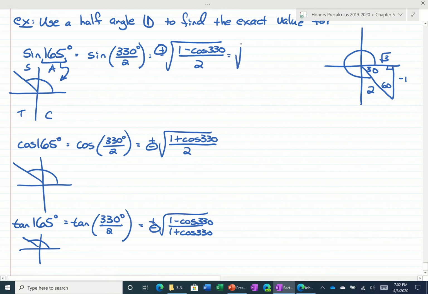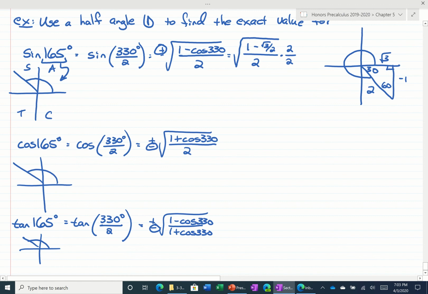So this is going to be a positive square root of 1 minus the cosine of 330. Cosine would be root 3 over 2. And we're dividing the whole thing by 2. So at this point, one thing that we could do to clean things up a little bit is multiply the top and bottom by 2 inside the radical.